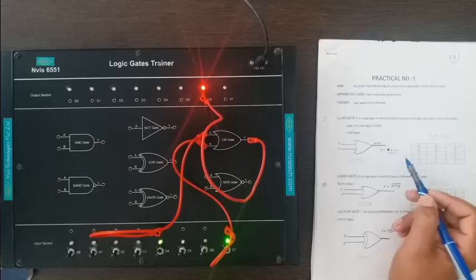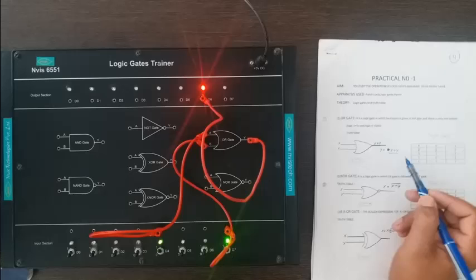So how can you write the expression for this? See here the ones, how many ones are here? Two ones are here. How can you write the expression for XNOR gate? Y is equal to, at first one, A bar B bar, both inputs are low, plus A and B. Simply you can write the expression as A XNOR B, with the XNOR symbol.